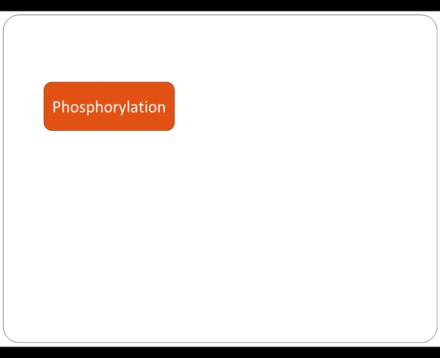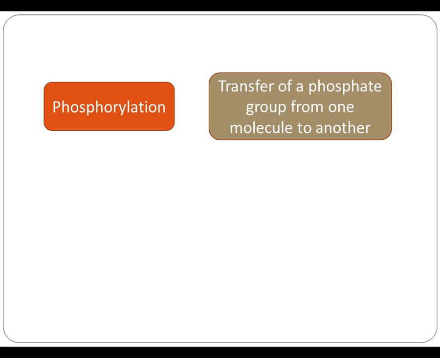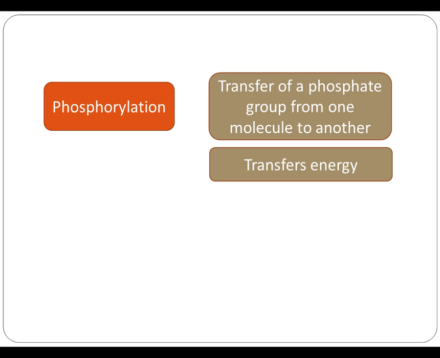So the terms that we described earlier: ATP can transfer energy. If something is phosphorylated, what does that mean? It's gaining a phosphate group, as well as gaining energy to do some form of work.